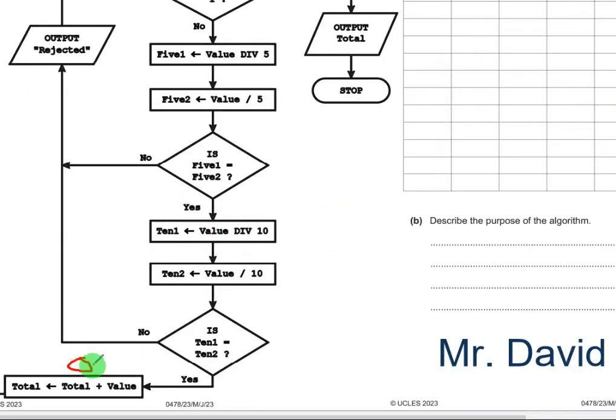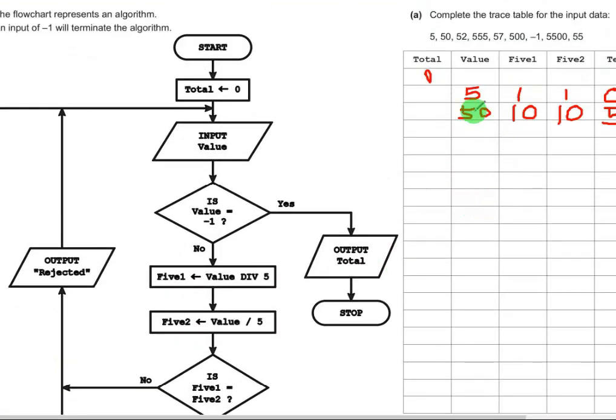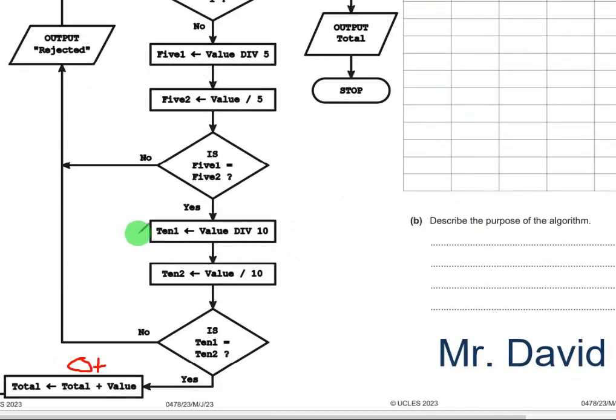So 0 plus the value. What is the value? 50. So 0 plus 50, the new total will be 50. Got it? So let's go. Moving on.